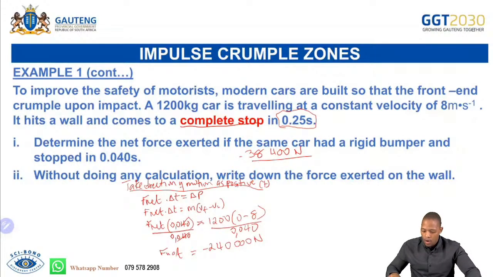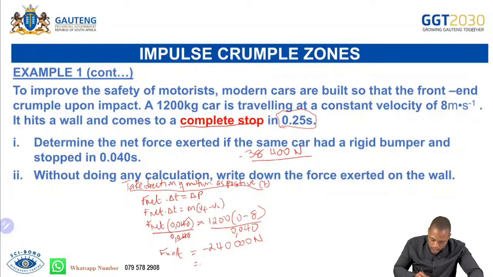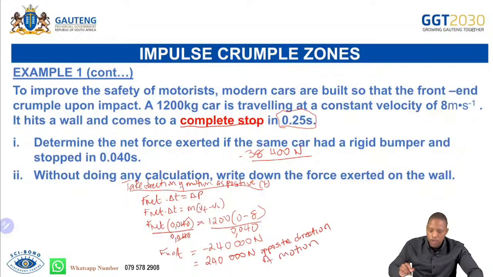But we're not done. We're now going to write this as 240,000 newtons, again in the opposite direction of motion. We must indicate direction in words, not direction in symbols. We're not allowed to do that.